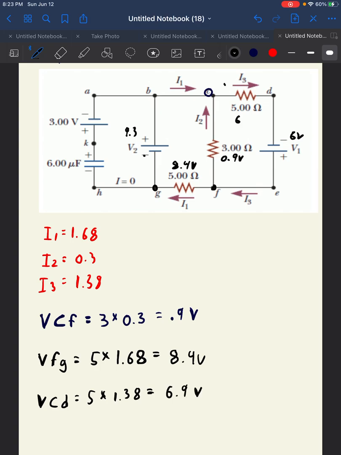So this is 6.9 voltage. So we have now solved for the voltage and the current at every spot in this circuit.